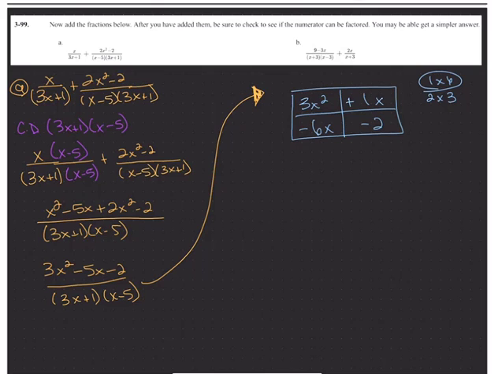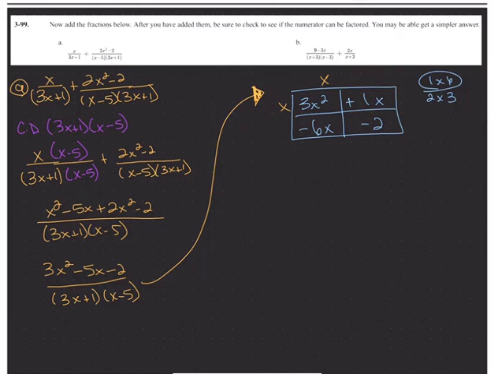So now I need to pull out my common factors. So that top left box, to get x squared, I know I have an x and an x. In order to multiply to get 3, either I'm going to have my 3 here, or I can have my 3 here. So I got to make a decision. So if I put my 3 here, and I look through the rest of my box, 3 times what is going to get me to 1? 1/3, which is a fraction, and we don't want that.